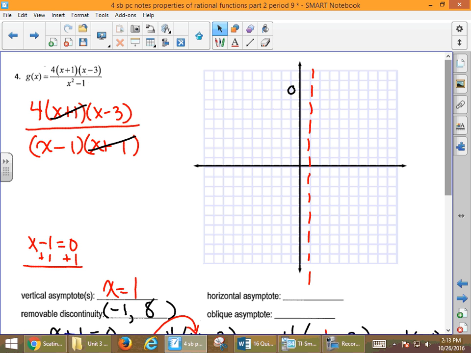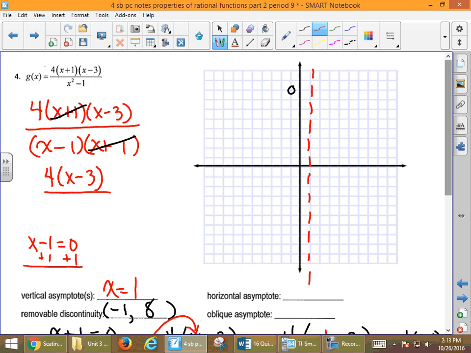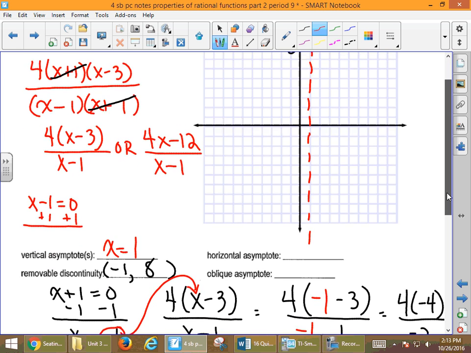But now what we can look at is what still remains. We're left with 4 times x minus 3 over x minus 1. If you prefer, that's 4x minus 12 over x minus 1. We want to decide whether we have a horizontal or an oblique.